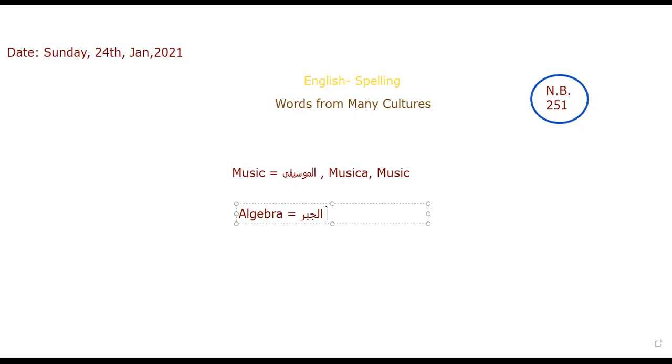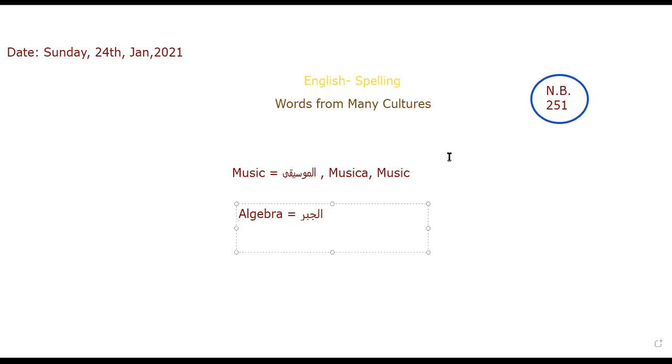Before al-Khwarizmi invented this science, nobody knew al-Jabr. So when the English language came to study this science, they took it under the same name, and that's why we have it right now in English under the name algebra. So algebra comes from Arabic.